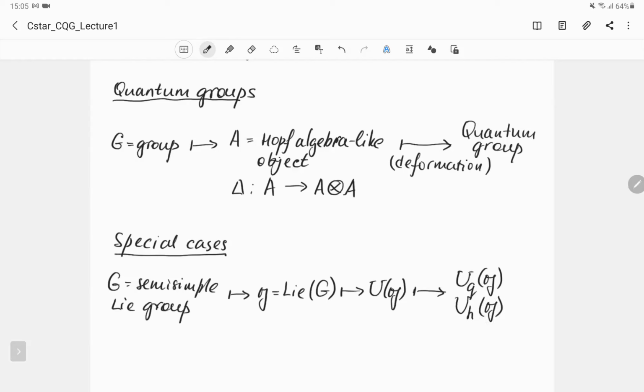So here q is a number and h is a formal parameter. Such quantum groups, or more exactly quantized enveloping algebras, were introduced by Drinfeld and Jimbo independently around 1985 or 86.